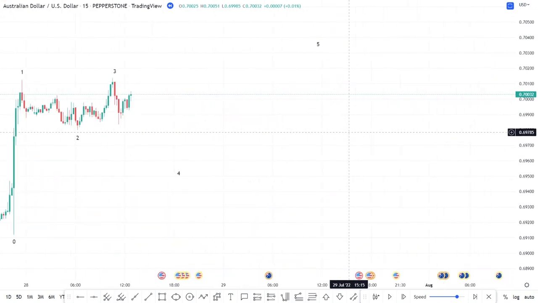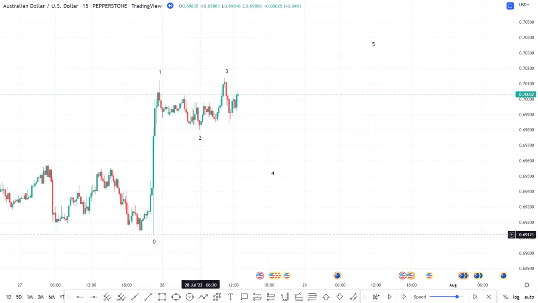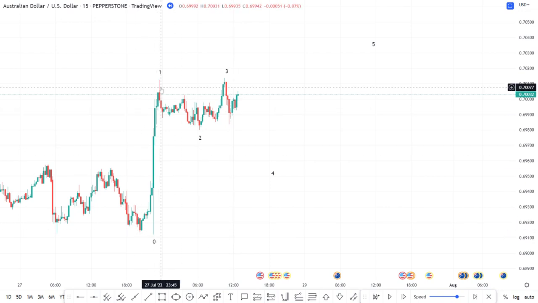Bakit ko nasabi na meron nangangamoy na reversal to the downside is because itong vector 0 to 1 is napaka agaw attention, and this could be a market manipulation inducing retail traders na maging bullish. And so I mark that one as number 0. And kung saan siya nag-end, number 1.